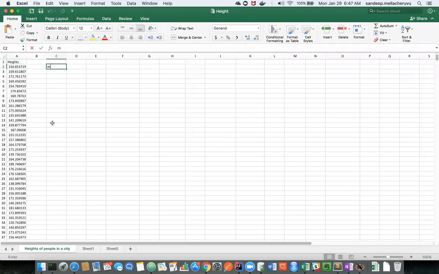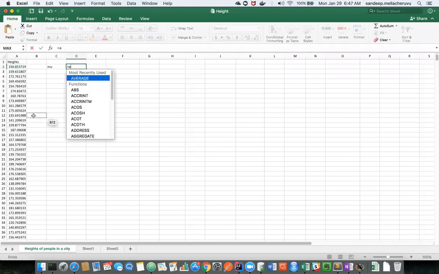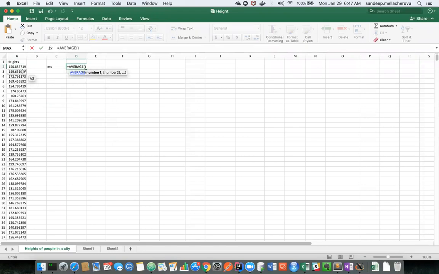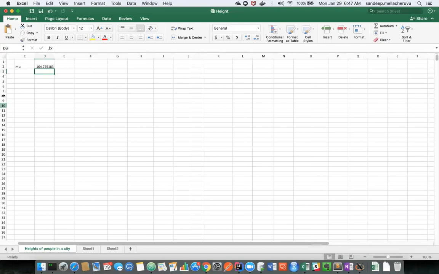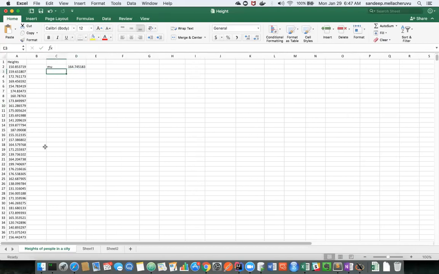Mu is nothing but the average of the data. I'm selecting all the data with Control Shift and down arrow. Remember this key combination very well: Control Shift and down arrow. Okay, this is my mu.